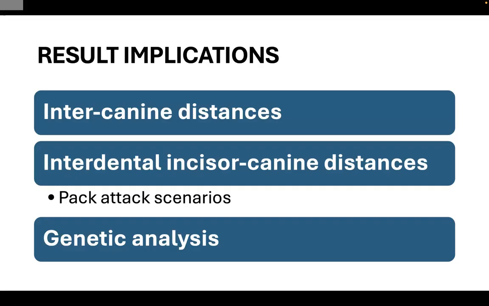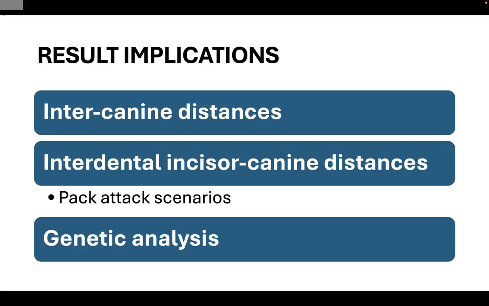Intercanine distances are the main tool for forensic analysis when comparing bite marks to dog dentitions. It produces a more precise evaluation because of its greater length and the unique shape of the canine cusps. Interdental incisor to canine distances is useful when the previous measurement produces similar or inconclusive data.